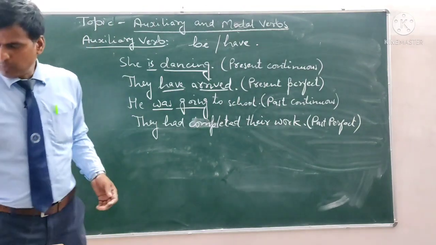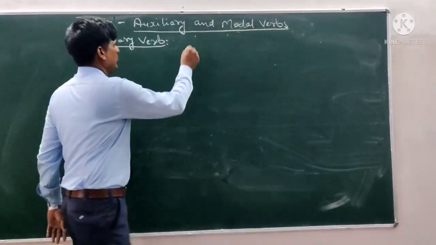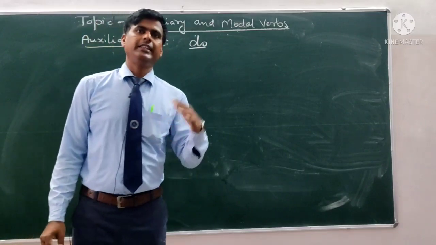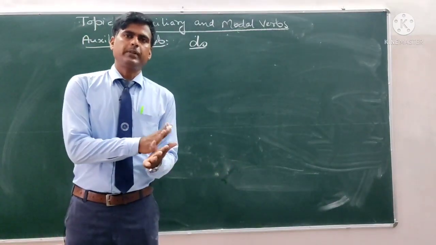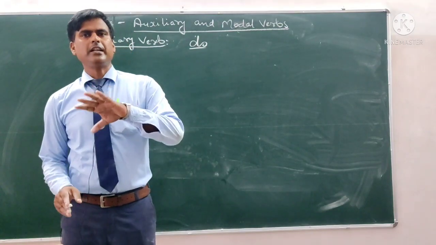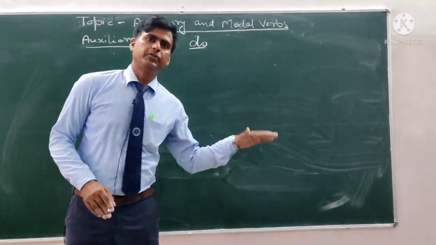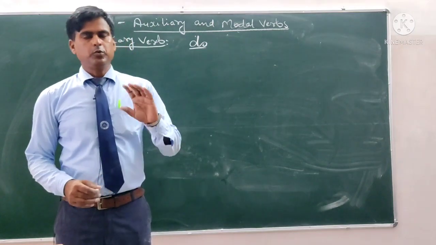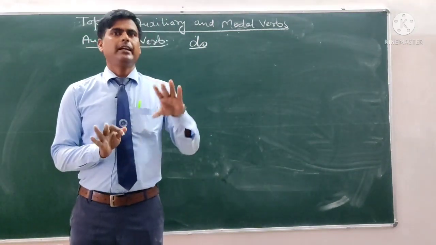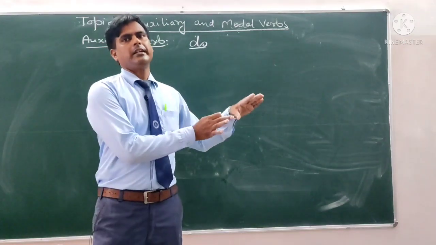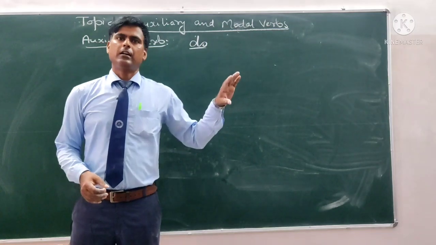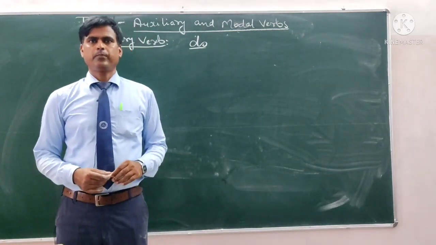Now let us see more things. Auxiliary do is used to form questions and negatives in simple present and simple past tenses. It is not used in affirmative sentences. Verb do is only used as an auxiliary verb in interrogative or negative sentences.